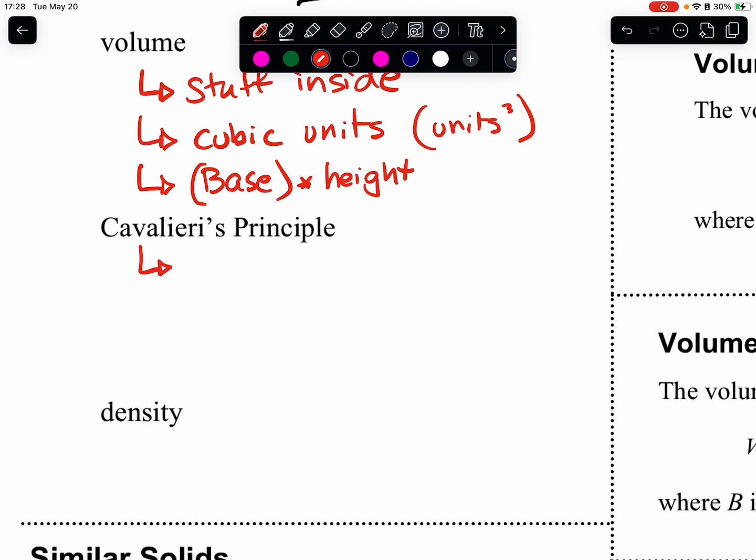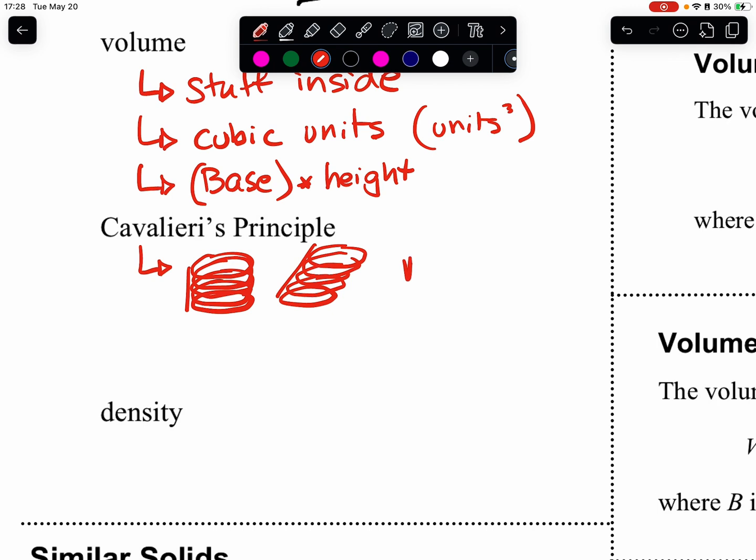Cavalieri's principle. Italian guy that said, if you stack a bunch of coins on top of each other, and then you tilt those coins so that they are off at an edge, at an angle, I should say, okay?